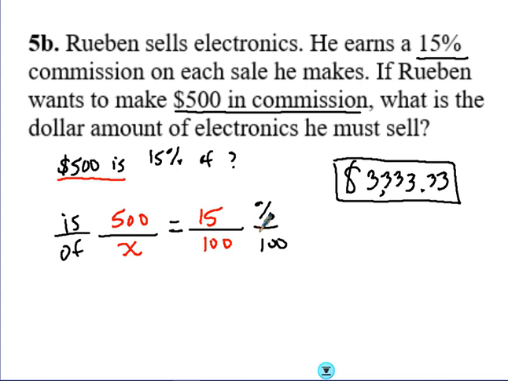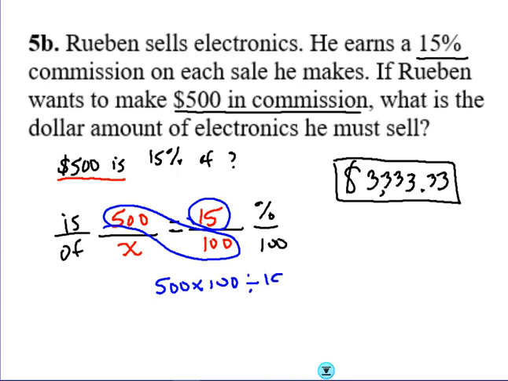So we solve it now. 500 times 100 divided by 15. When I do 500 times 100 divided by 15, I indeed get $3,333.33.